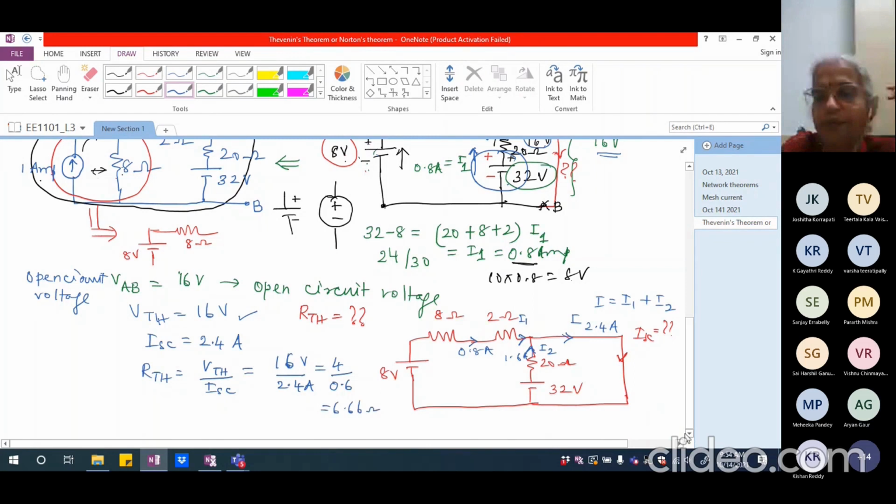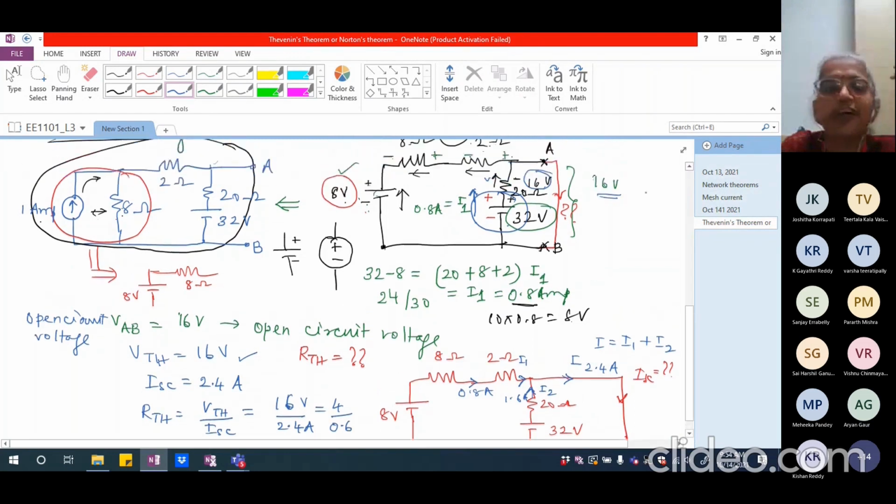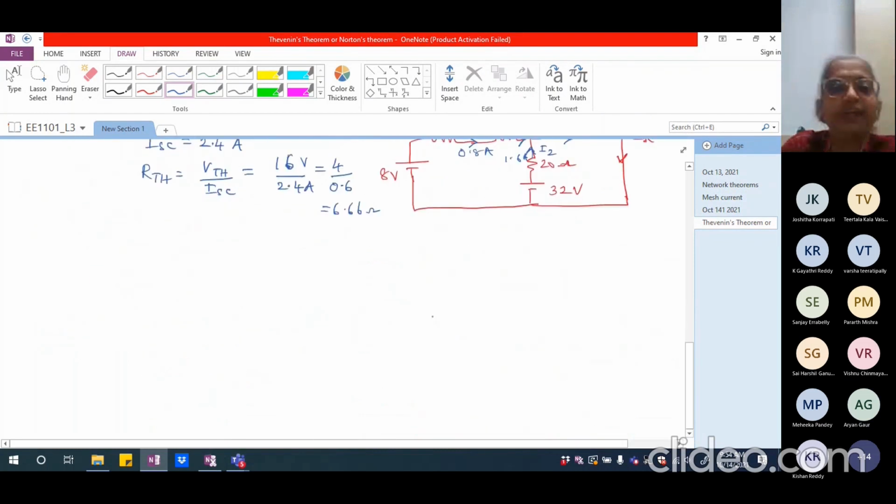So I can represent this entire network, what I have got here, by simply having a VTH of 16 volts and a resistance of 6.66 ohm.